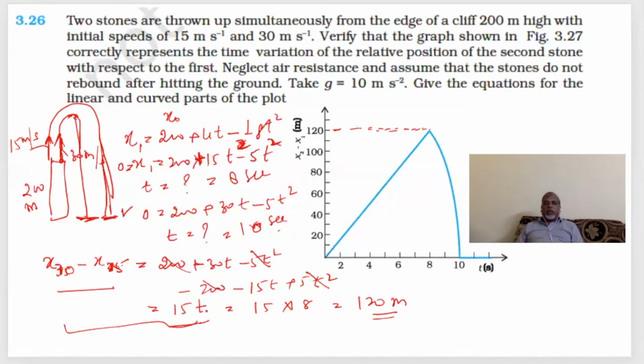It is a single degree equation, so it is a straight line.